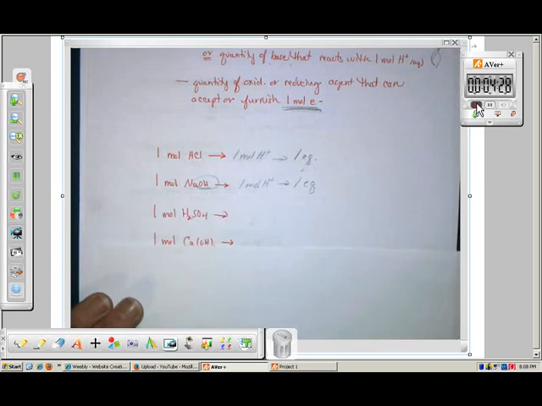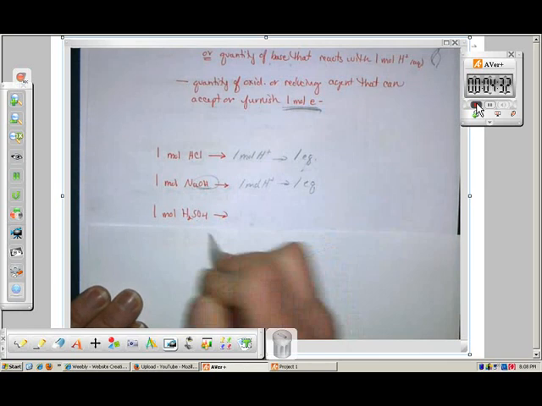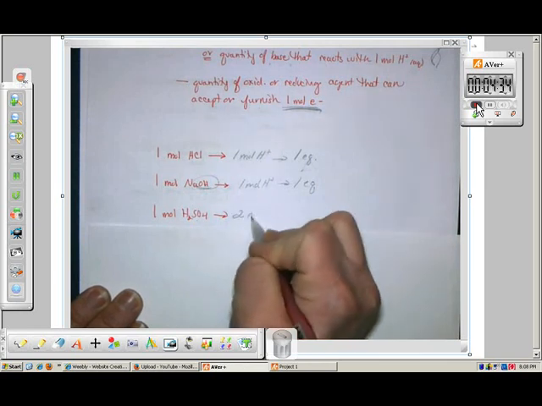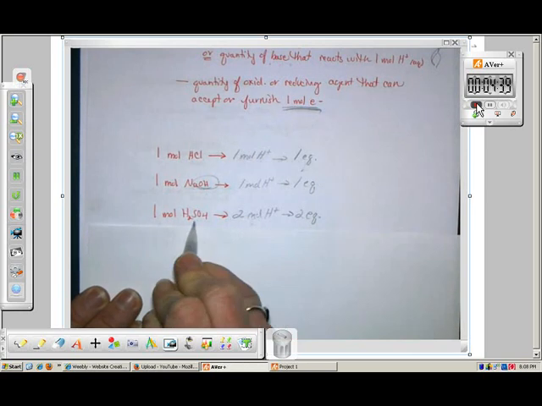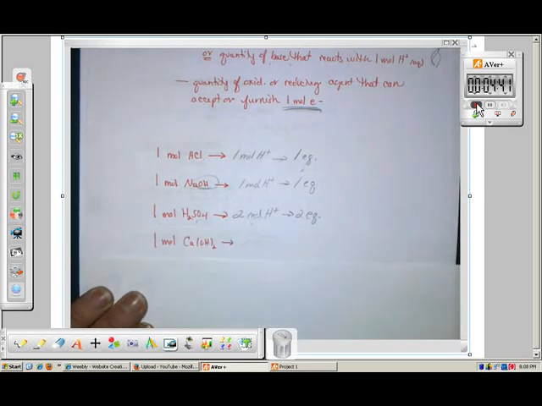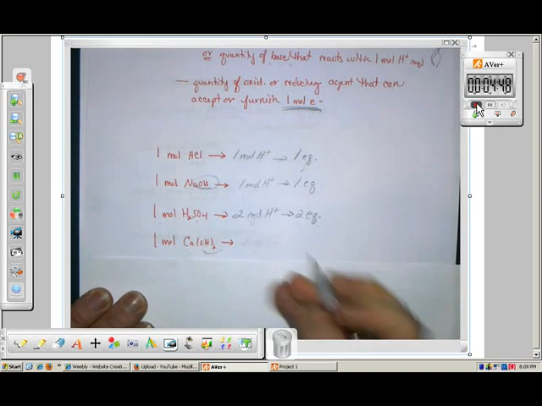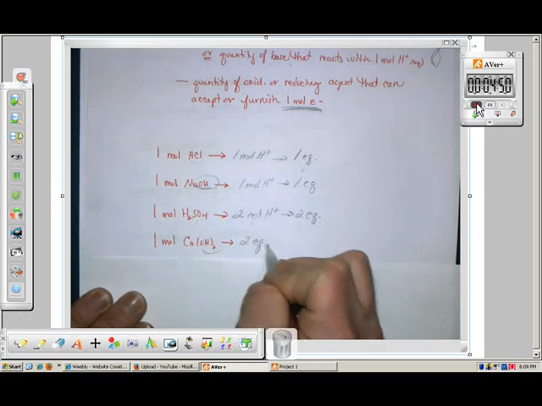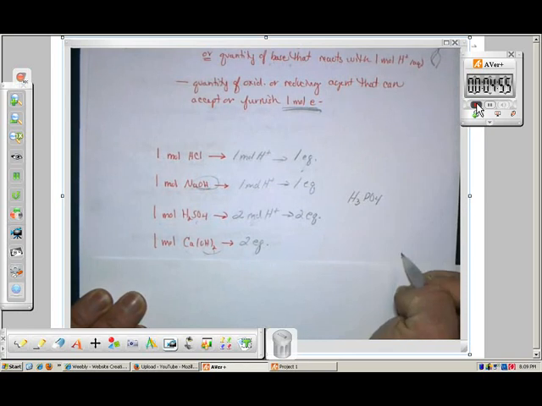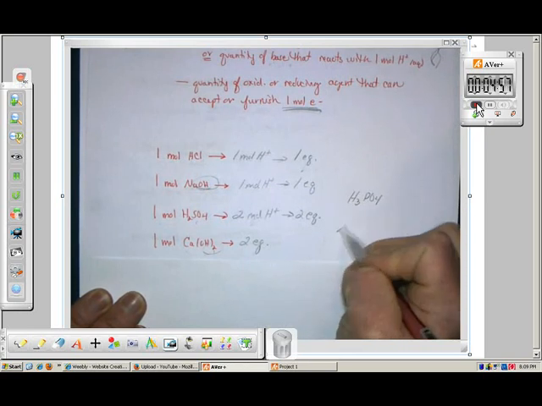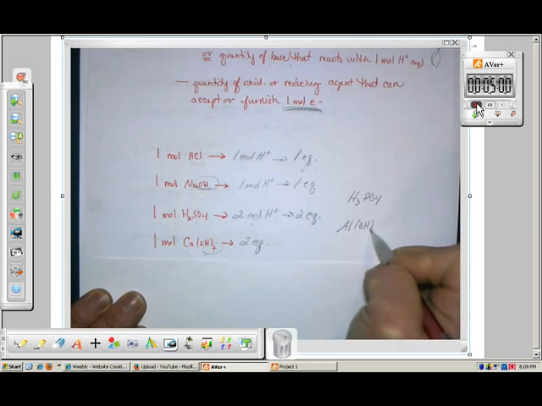1 mole of sulfuric acid potentially, fully, can give us 2 moles of hydrogen ion, thereby 2 equivalents per 1 mole of sulfuric. 1 mole of calcium hydroxide can neutralize 2 moles of hydrogen ion. So 1 mole of calcium hydroxide is 2 equivalents. Phosphoric would be 3 equivalents per mole. Aluminum hydroxide would be 3 equivalents per mole.